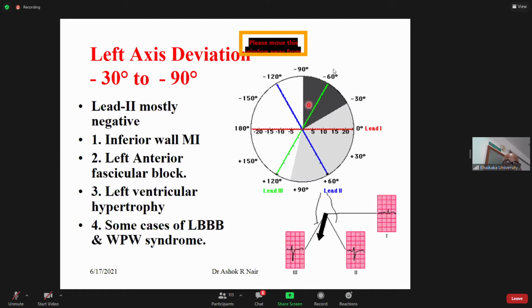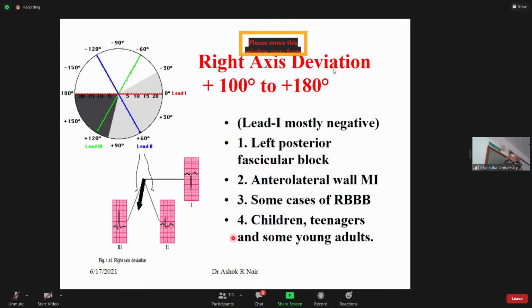Right axis deviation, lead 1 is mostly, it can be negative, and it can be seen in left posterior fascicular block, anterolateral wall MI, some cases of right bundle branch block. Normally it can be normal in some children and teenagers.